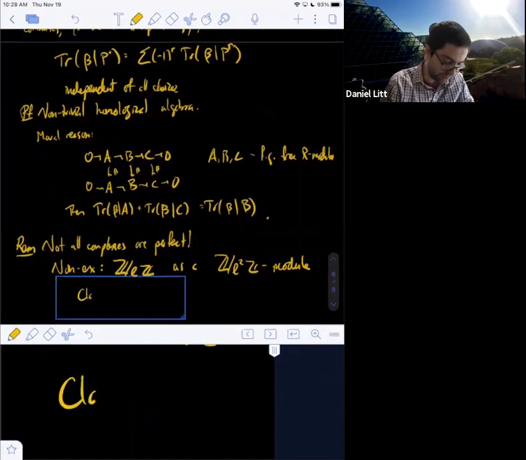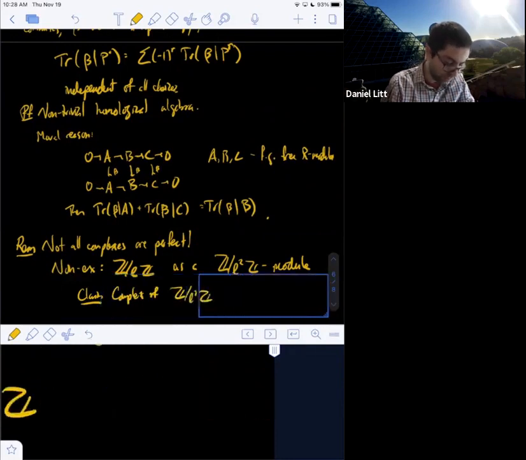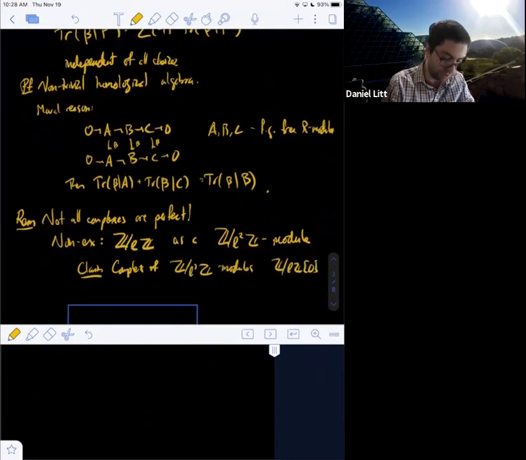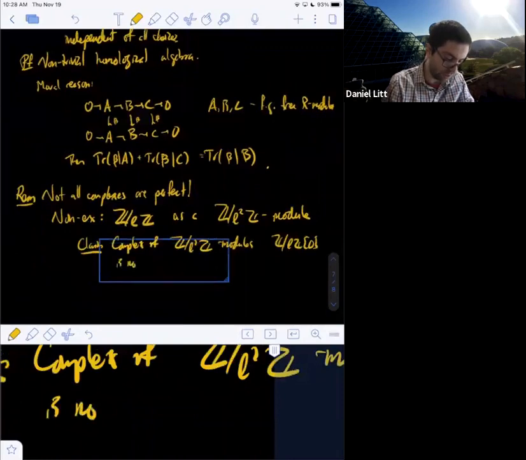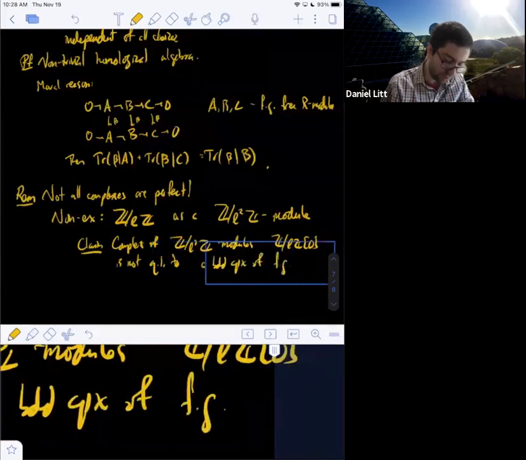The claim is that the complex of Z mod L squared Z modules, which is just Z mod LZ in degree 0, is not perfect. So it's not quasi-isomorphic to a bounded complex of finitely generated free modules.